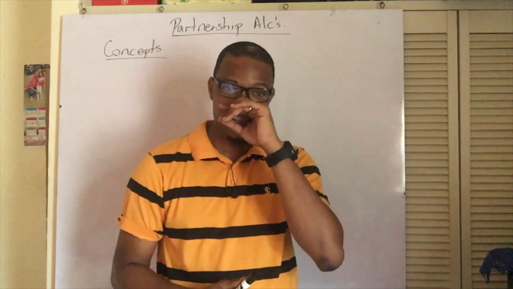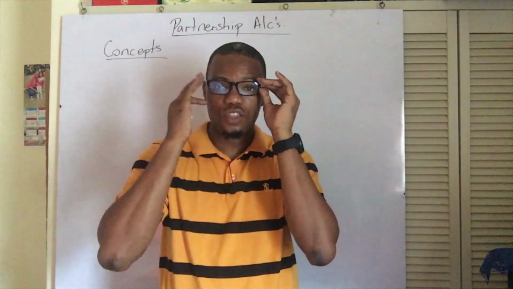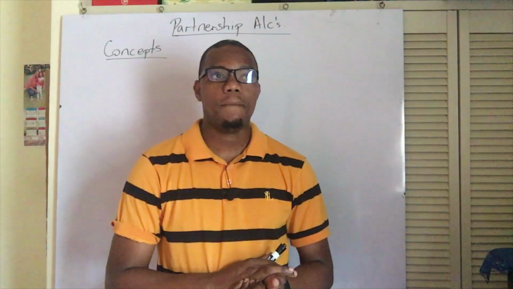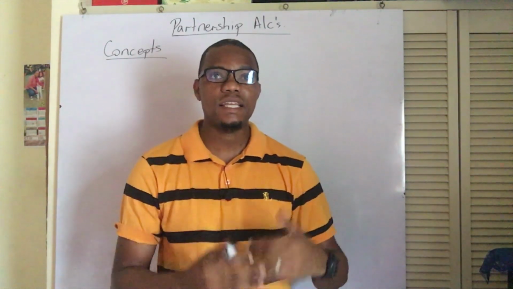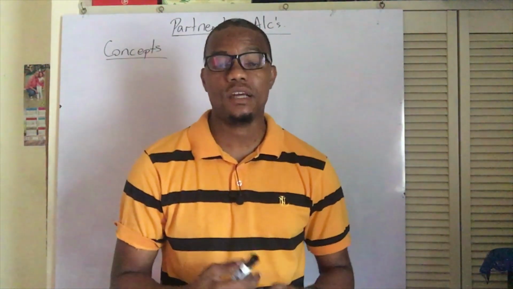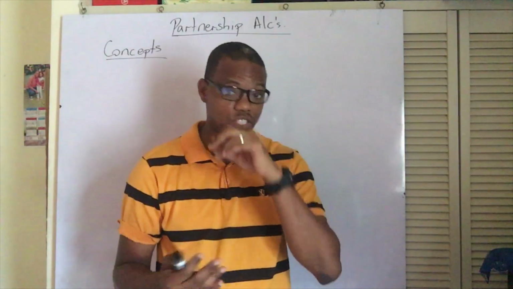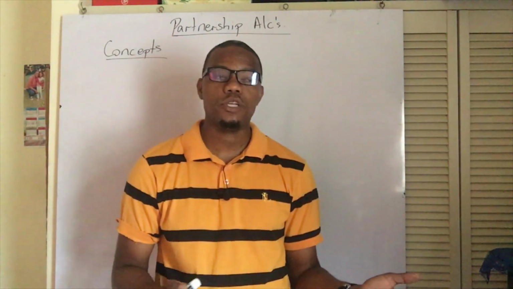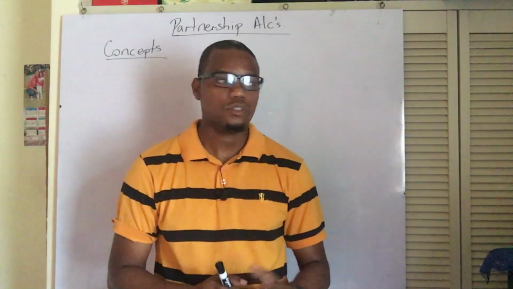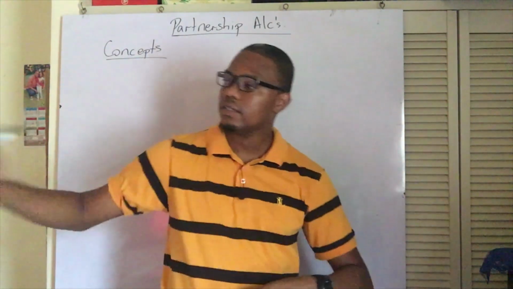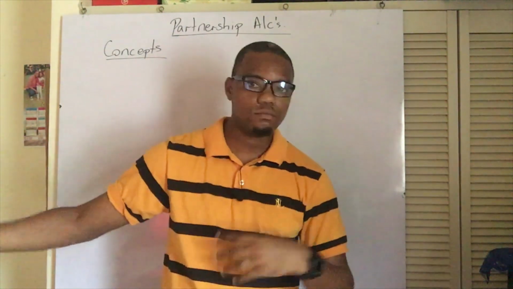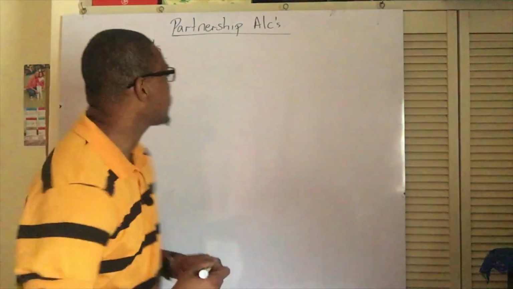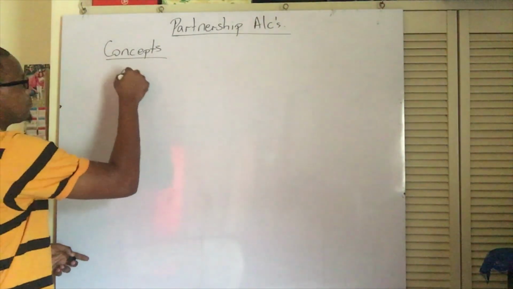The thing about it though is that in addition to their income statement, they have to create another statement to show how the profit is shared up, because the profit is going to be made. But how is the profit going to be shared? Should Tom get 50% or Harry get 20% or whatever? The profit must be shared. That is where the appropriation account comes in.